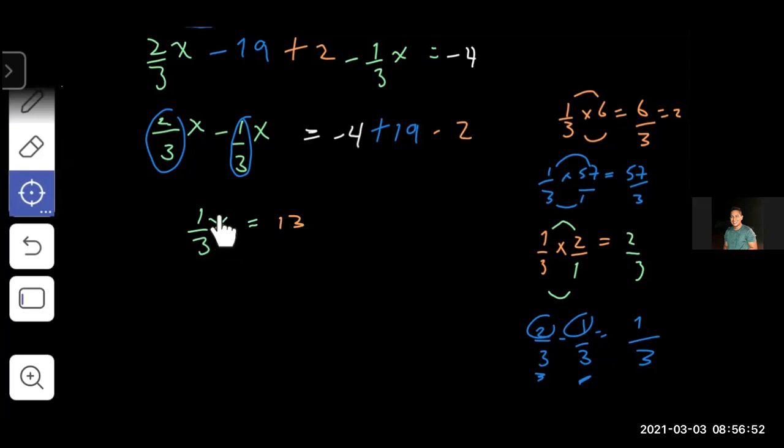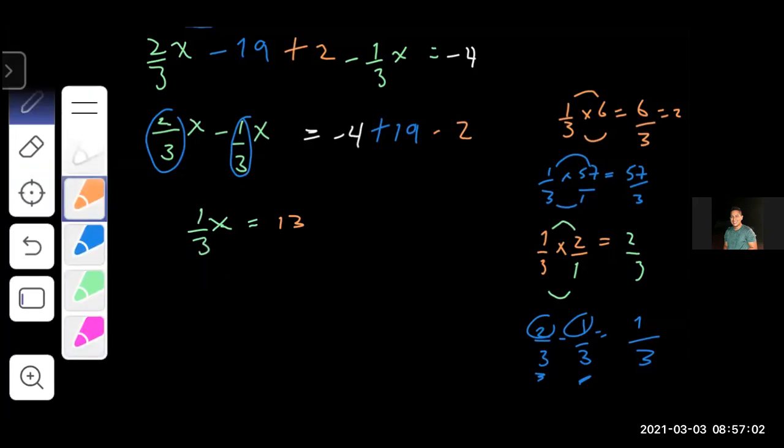What is bothering me? That one, guys. I have no problem with the 1 here, but this denominator is 3. This 3 is dividing. How can I get rid of it? Moving to the other side, it will be multiplying, excellent. 13 is here. I just copied this. This number is dividing. If I move it to the other side, it's going to be multiplying, as you said.